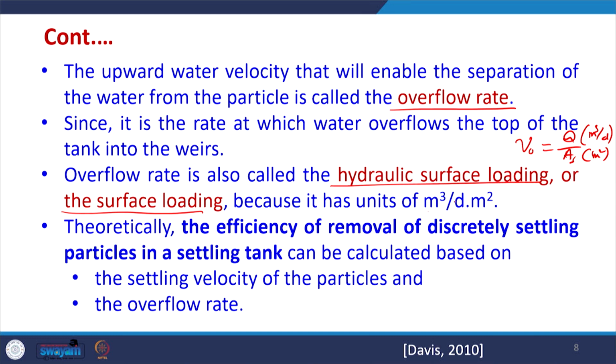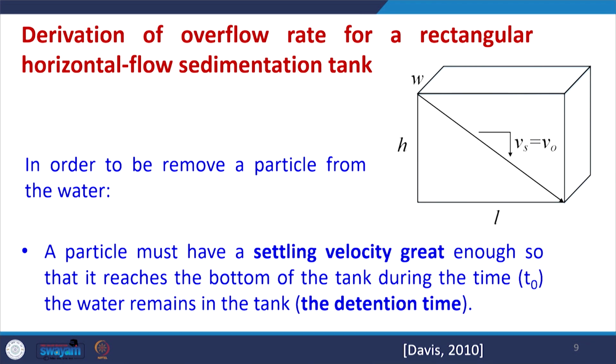So, this is meter cube per day per meter square. Theoretically, the efficiency of removal of discretely settling particles in a settling tank can be calculated based upon the settling velocity of particles, which we determined in the previous lecture, and the overflow rate, which can be determined from this. This is how we calculate and design.